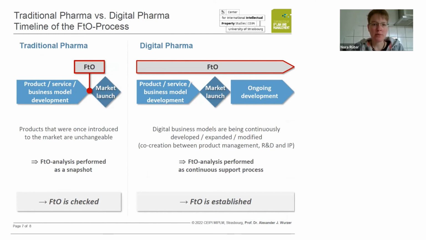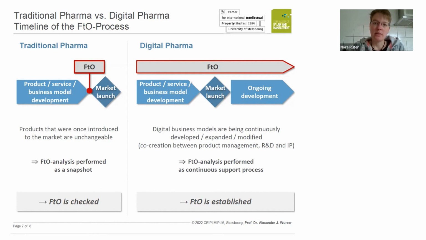In the traditional pharma, there is everything before the market launch. You have the product, the service, and the business model development, then the FTO and the market launch. That means that the products that were once introduced to a market are unchangeable. This kind of FTO analysis seems to be a snapshot.